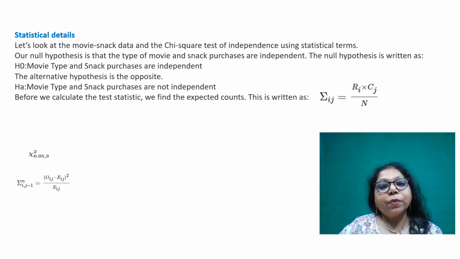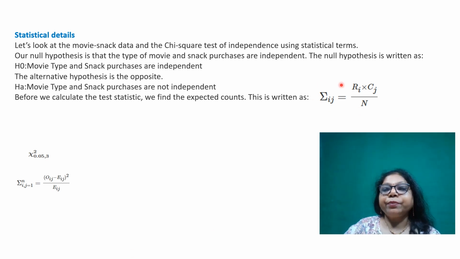Before we calculate the test statistic, we find the expected count, which is written as E_ij equal to R_i times C_j upon N. N is the total number of observations.